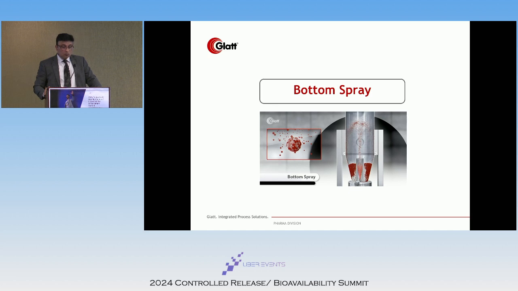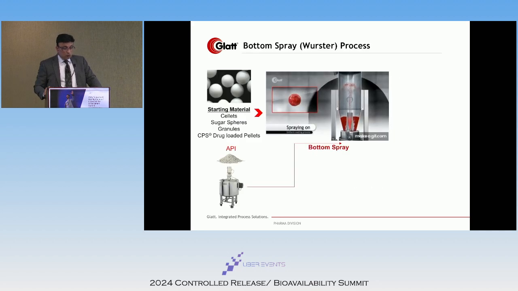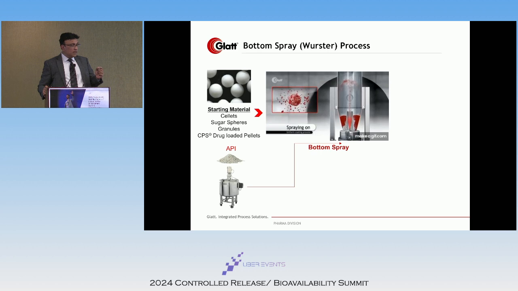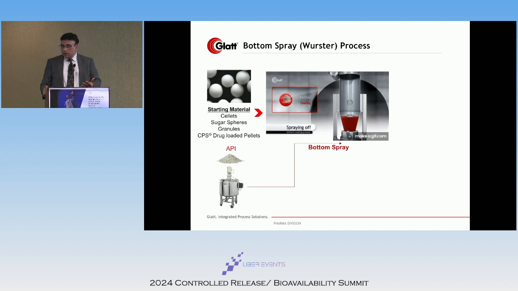Now, this is the bottom spray, or what we also call the Wurster bottom spray process. Basically, you can take granules or an inert substrate, which is a sugar sphere or pellet, and apply your API in suspension, solution, or emulsion form on the top. Subsequently, you can also have different types of polymer coating on the top, and that polymer coating will control your different release profile.